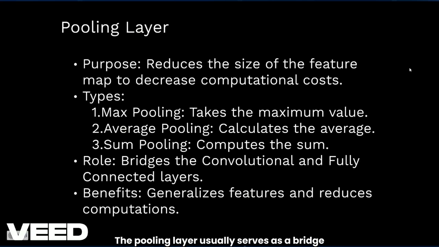The pooling layer usually serves as a bridge between the convolutional layer and the fully connected layer. This CNN model generalizes the features extracted by a convolutional layer and helps the network to recognize the features independently. With the help of this, the computations are also reduced in a network.